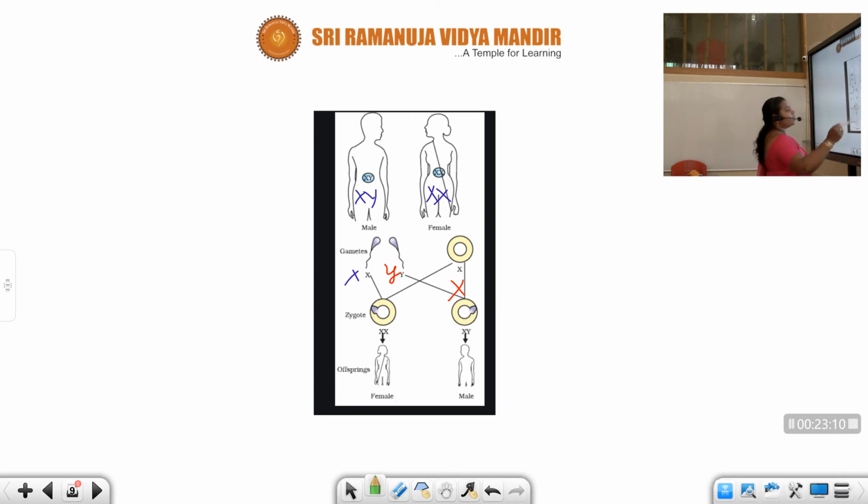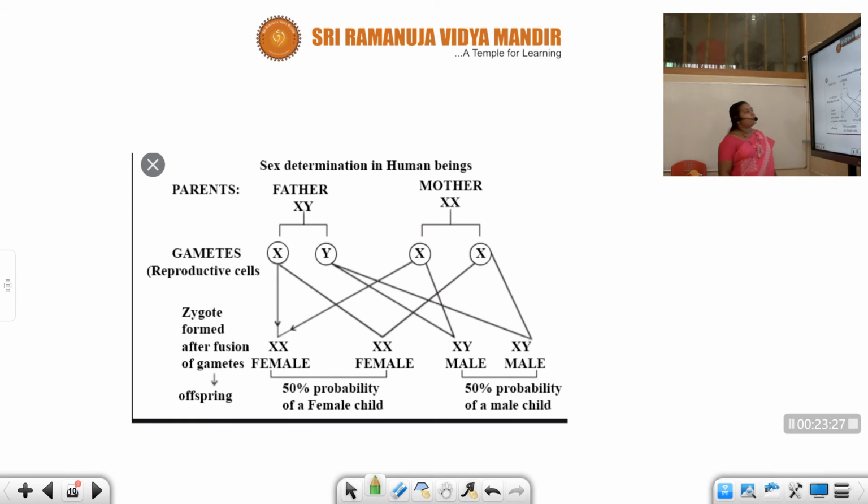In the offspring, we can expect that if X combines with X, it will be a female, and if Y combines with X, we'll get a male child. This is the probability of sex in the progeny.